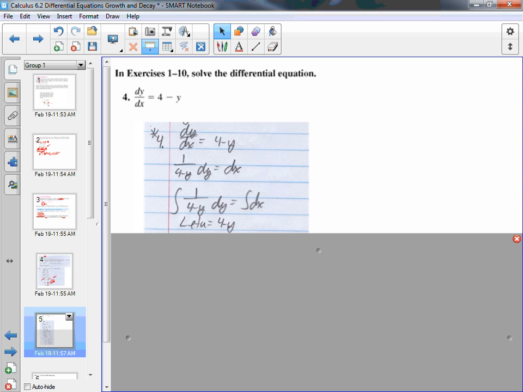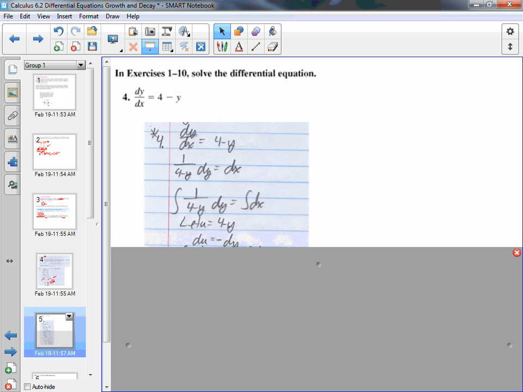What's du equal? Du equals negative dy. All right, so if du equals negative dy, we know that then negative du equals dy.